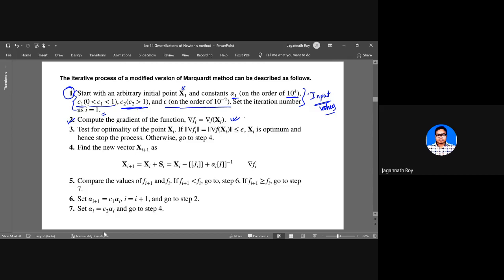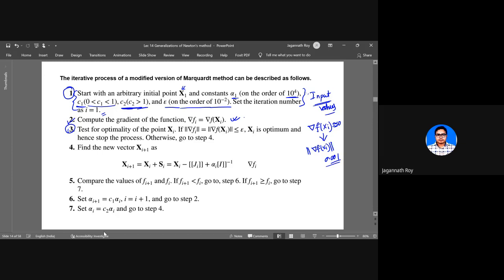Now test for optimality, whether the gradient of f at xi is 0 or almost equal to 0. This is another way to say that the norm of this gradient of f at xi is less than some epsilon, for example 0.001.